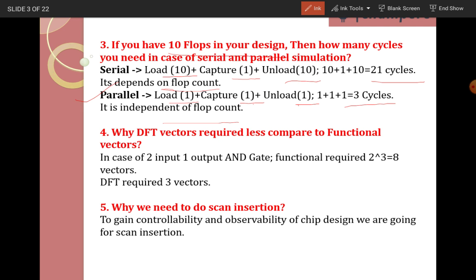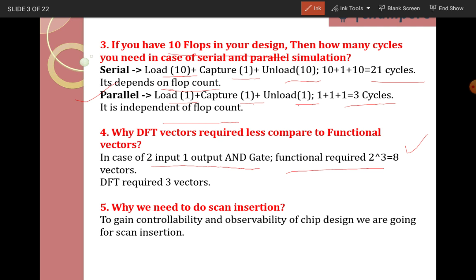Next one. Why are fewer DFT vectors required compared to functional vectors? Generally DFT requires fewer patterns or vectors compared to functional vectors, right? In the case of a two-input, one-output AND gate, functional verification requires 2 power 3, that is 8 vectors.